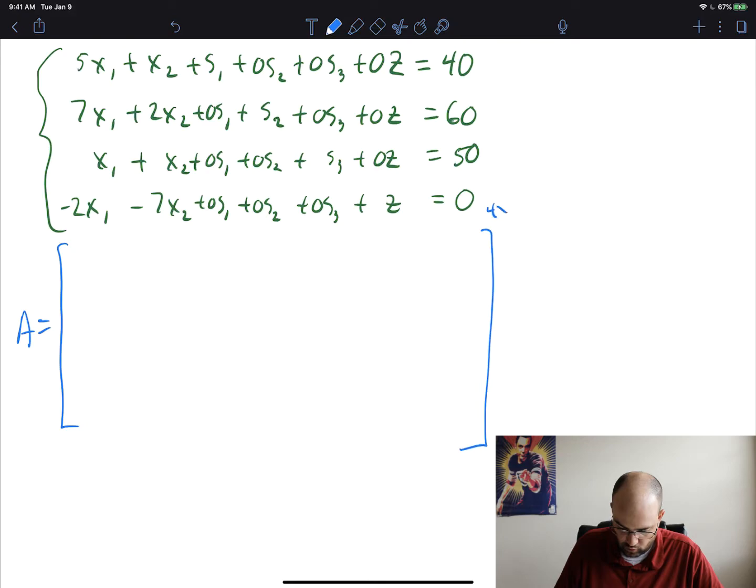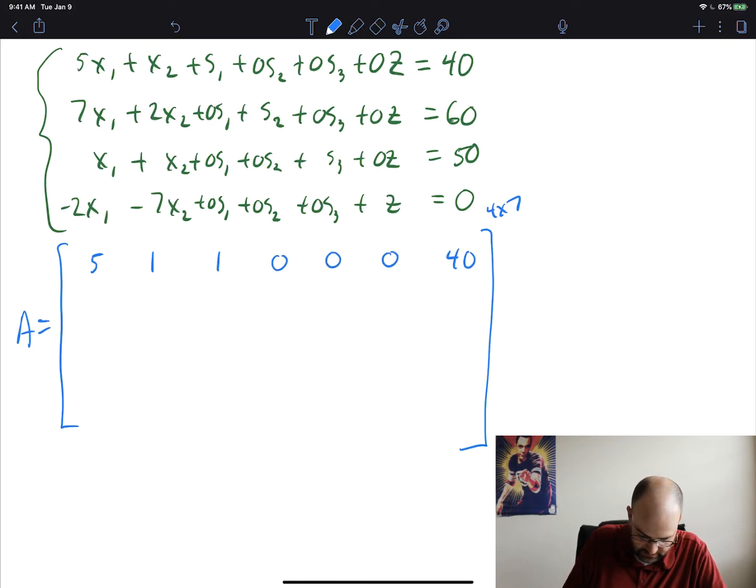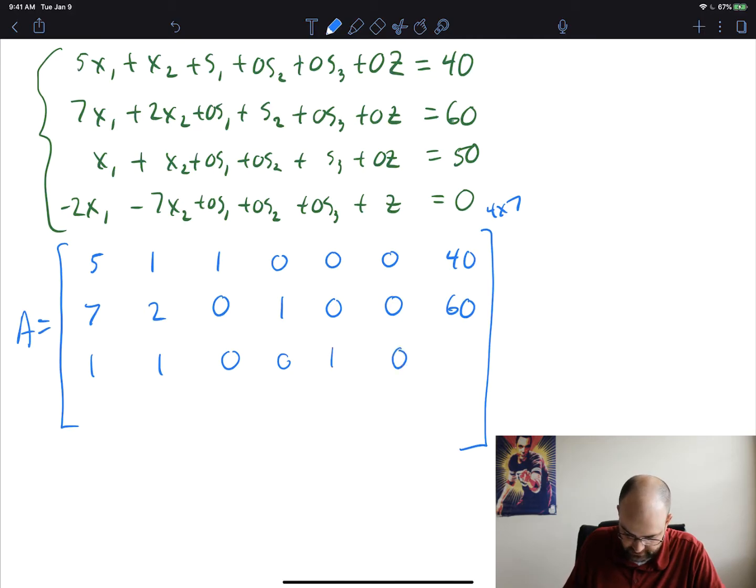So this will be a 4 by 7 matrix, which will be 28 different elements, which are 5, 1, 1, 0, 0, 0, 40, 7, 2, 0, 1, 0, 0, 60, 1, 1, 0, 0, 1, 0, 50, negative 2, negative 7, 0, 0, 0, 1, 0.